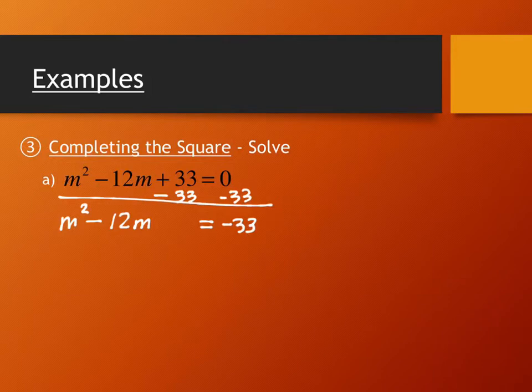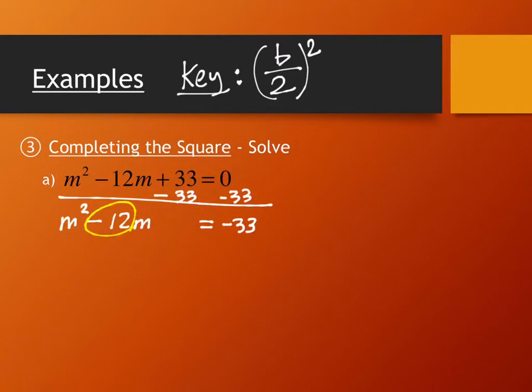Okay, so the reason I left the space, this is what we did last time, right, is because the key to completing the square is to take b divided by 2 and square it. That's the key. What is the b value in this problem? Negative 12. That's b.